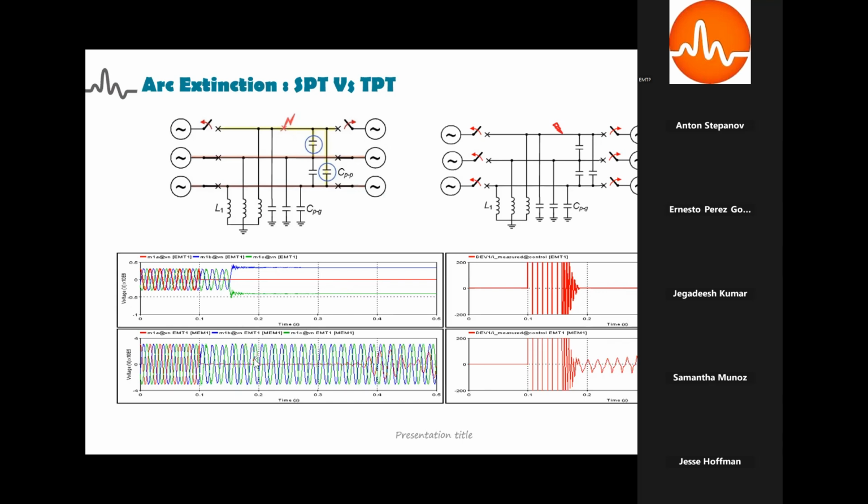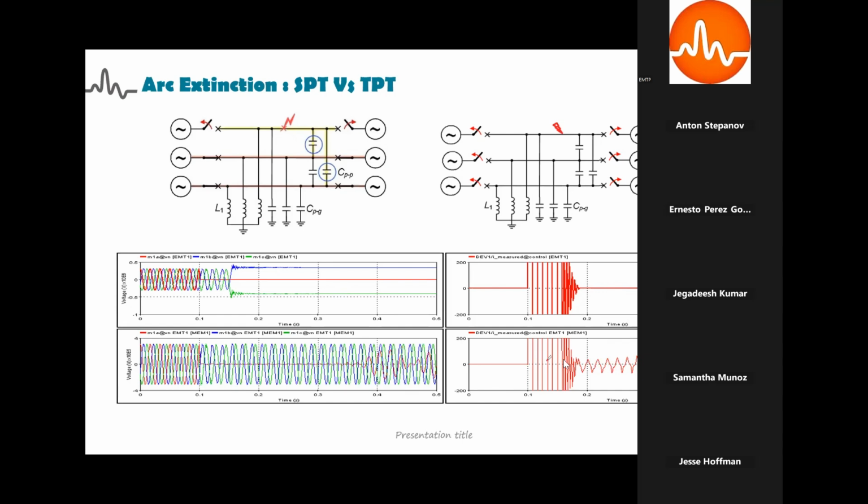Whereas in figure 2, only the R phase is tripped, and we can see that the Y and B phases are healthy and the voltage is intact. But to the right, we can see that the secondary arc persists for a longer duration.